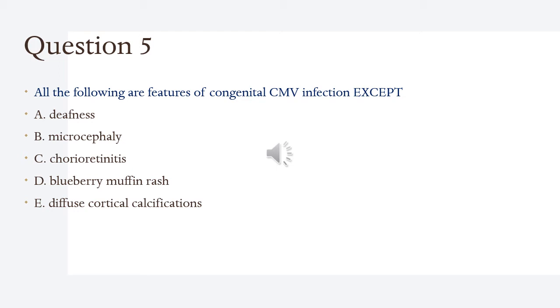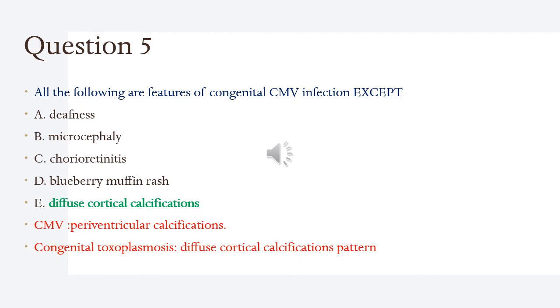So I believe all are features except diffuse cortical calcification. So the correct answer here is E, diffuse cortical calcification, which comes with congenital toxoplasmosis and hydrocephalus. In cytomegalovirus, we will find periventricular calcification and microcephaly.